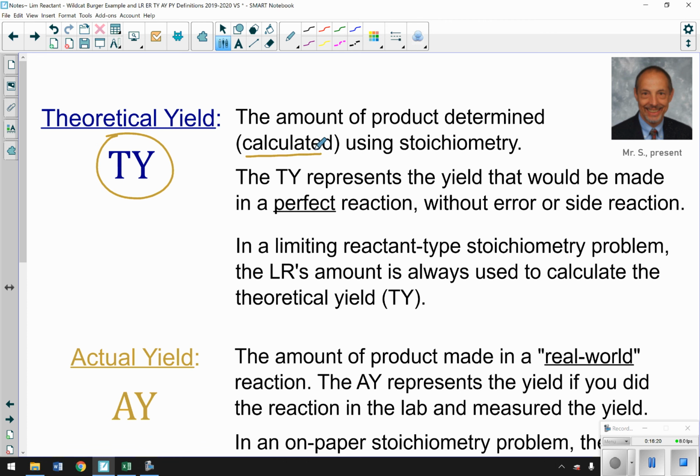Again, amount of product is yield. And so in a limiting reactant type stoichiometry problem, which we will cover in the next lecture, the amount of limiting reactant is always used to calculate your amount of product that you should make in a perfect reaction. That is the theoretical yield.